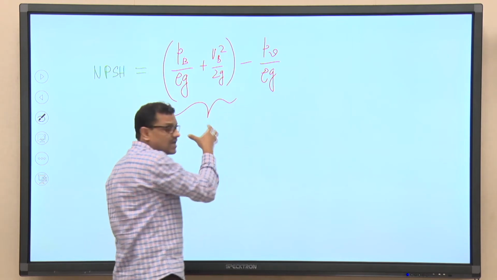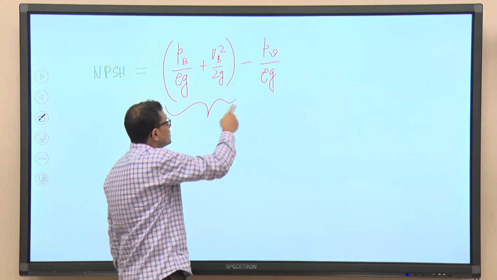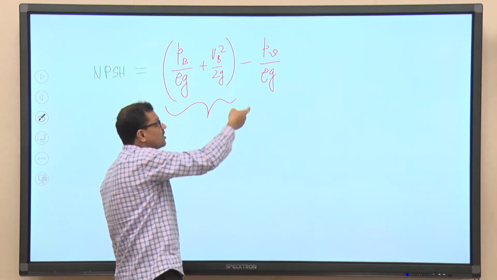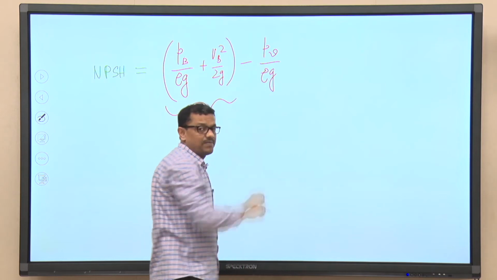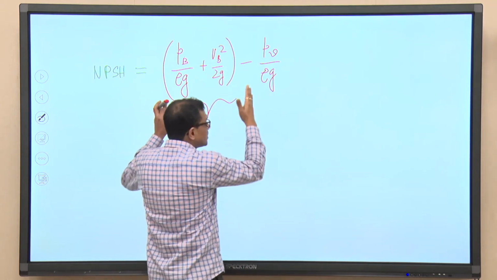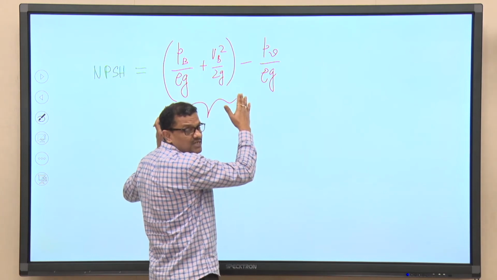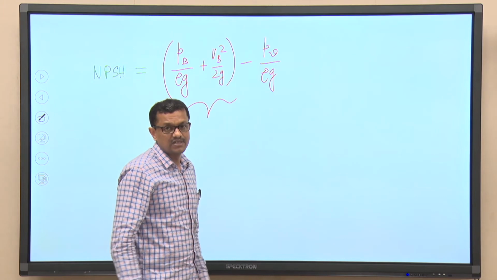This is the total head available at point B, which should be above the head corresponding to the vapor pressure at that particular point, right. And this net quantity should be positive to avoid cavitation, and that is why it is known as NPSH, net positive suction head.